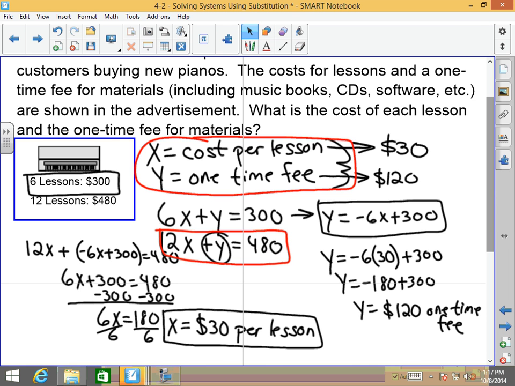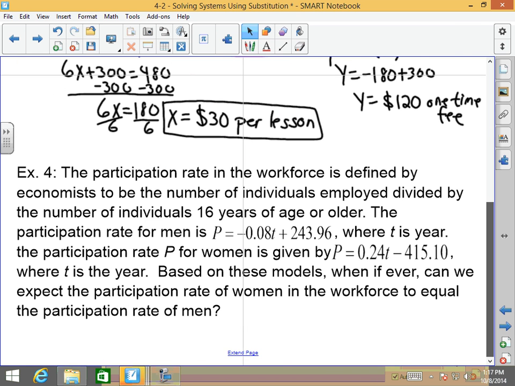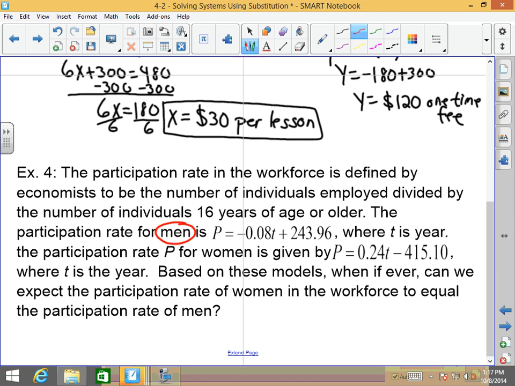Now, let's give you a little bit of an easier one. It looks longer, but it's easy because I give you the equations. The participation rate in the workforce is defined by economists to be the number of individuals employed divided by the number of individuals 16 years of age or older. The participation rate for men is P equals negative 0.08T plus 243.96, where T is the year.